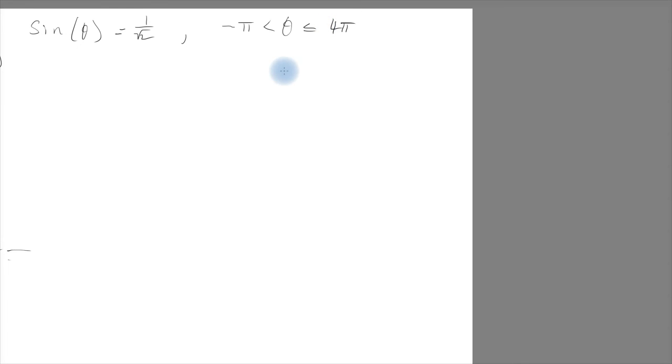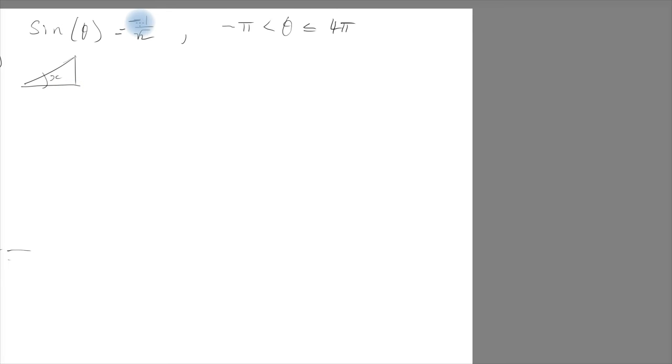Okay, so this might be an interesting example. Let me also change this: sine of theta equals, let me make it negative 1 on root 2. So I'm making it a little bit harder. Okay, so first off, let's do a triangle here. Let's do x.